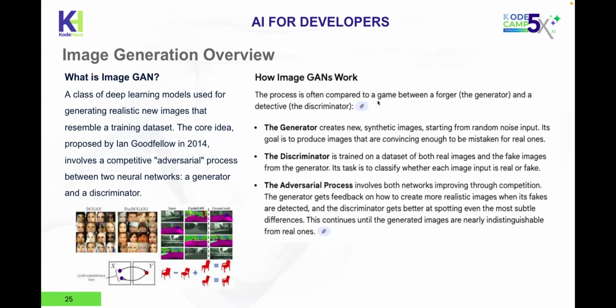The generator generates, the discriminator discriminates. Because the generator wants to improve its score against the discriminator, it becomes better at generating. And because the discriminator also wants to improve its score against the generator, it becomes better at discriminating. And because the discriminator is getting better, the generator is forced to get even better at generating. So at the end of the day, we get to a point where the generated images are nearly indistinguishable from real ones.